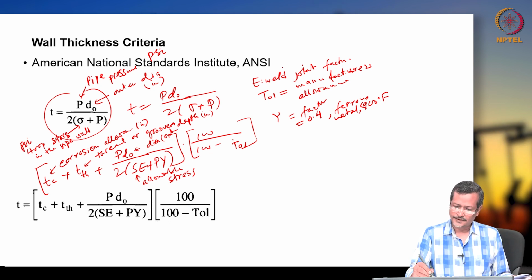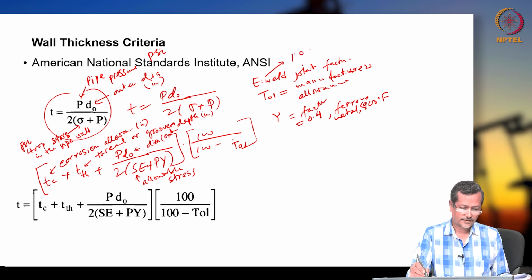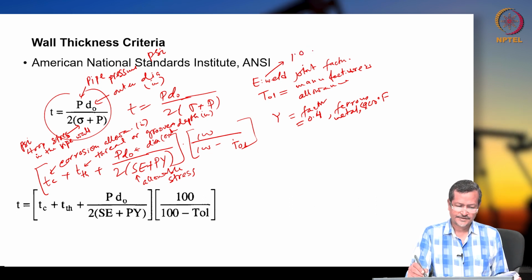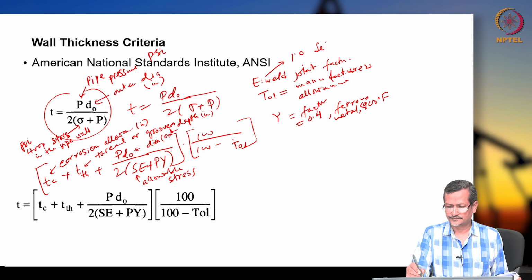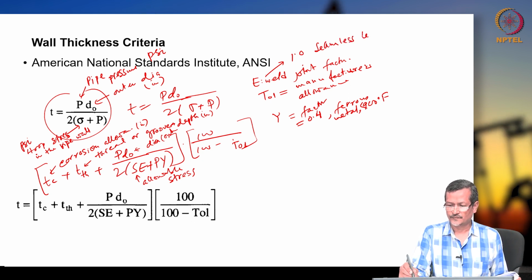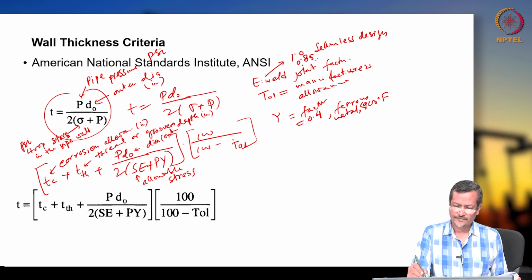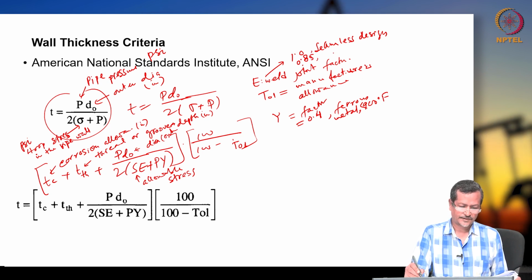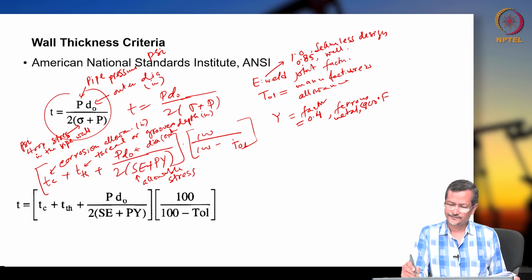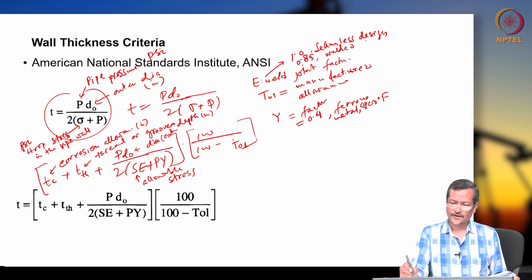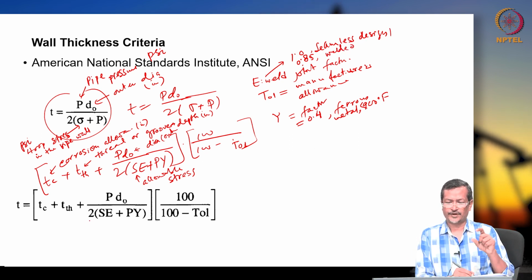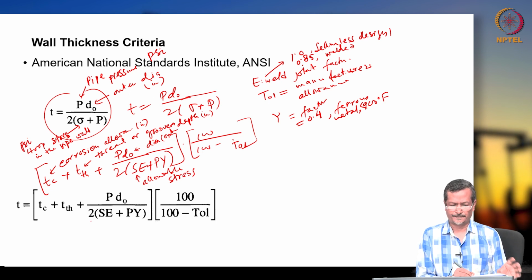And the E value will be 1 if it is for seamless design, and it will be 0.85 if this is for a welded joint. So it will normally be within that range of 0.85 to 1.